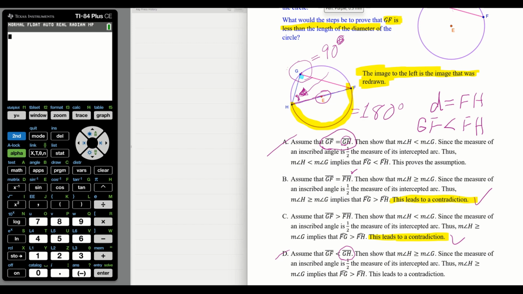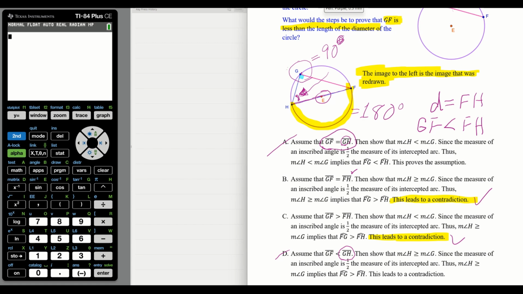Thus H is greater than G, which implies that the arc measure FG is greater than FA. That's the whole half. Yes, but that leads to contradiction. They probably left out some stuff, but I'll buy that.